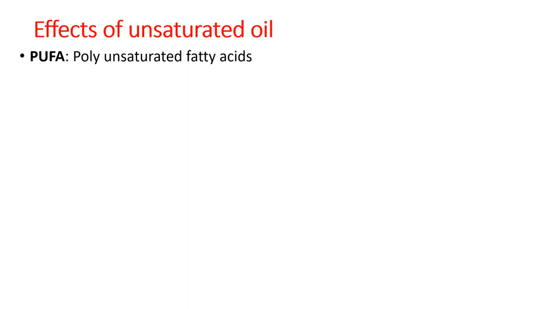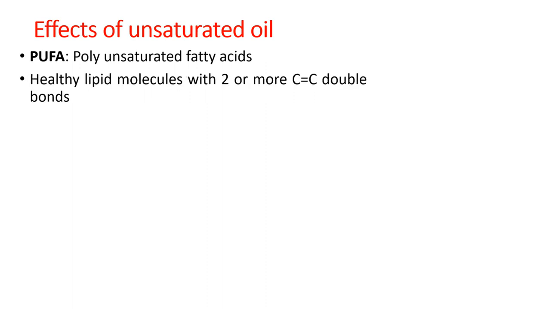You might have heard the term PUFA. On the packets of most of the oils that we consume, you will definitely find this word PUFA. PUFA means polyunsaturated fatty acid. They have various health benefits, and these PUFA acids or PUFA oils have more than two carbon-carbon double bonds in their molecule.